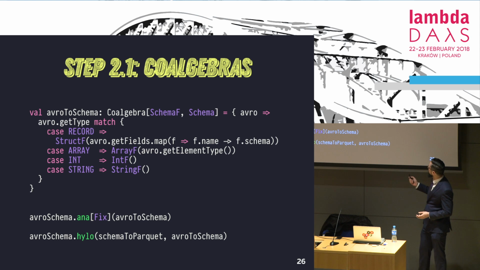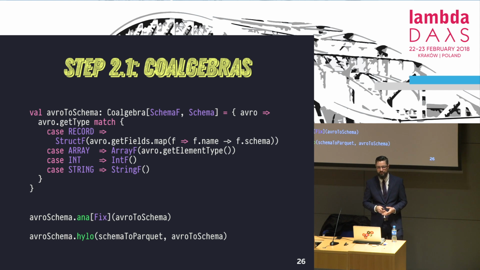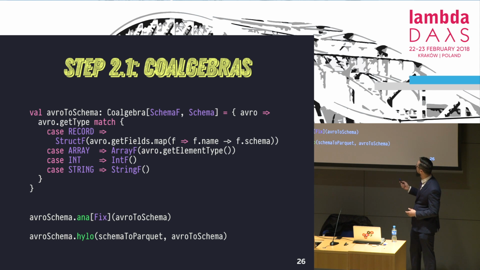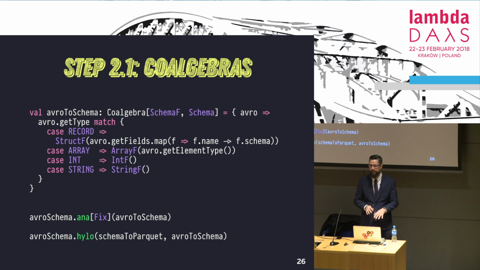And it's pretty easy. Avro has this method getType, which tells me which kind of schema it is. If it's a record, I need to build a StructF and just grab the fields and make a map of string to field. And again, this is an Avro schema. For the arrays, it's simpler. I just want to build an ArrayF with the schema of the elements, and so on and so forth. Really easy. I don't have to think about it. It's really automatic.